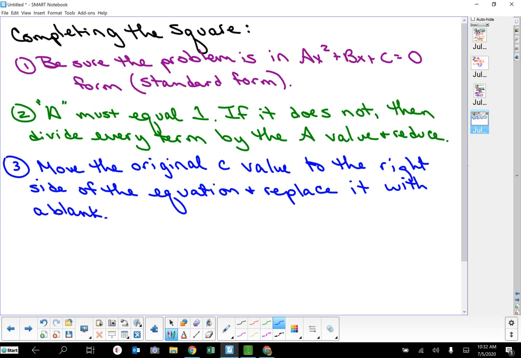Now, you're going to see that we're going to throw a new value in on the left-hand side of the equation.